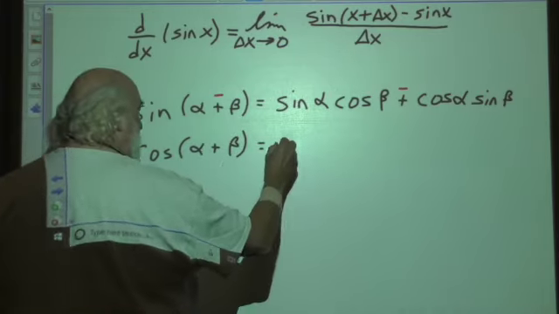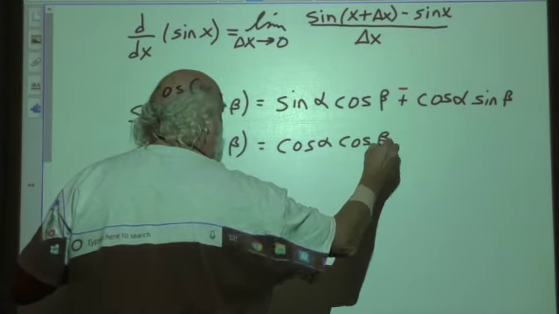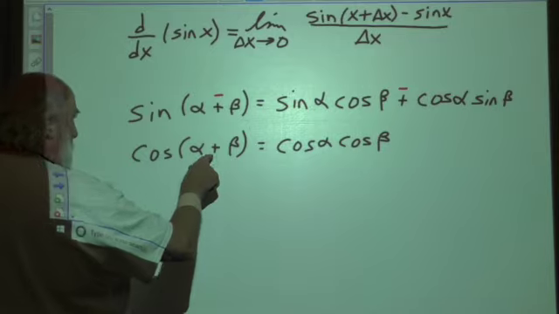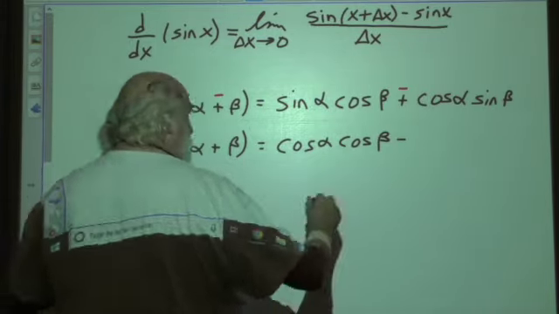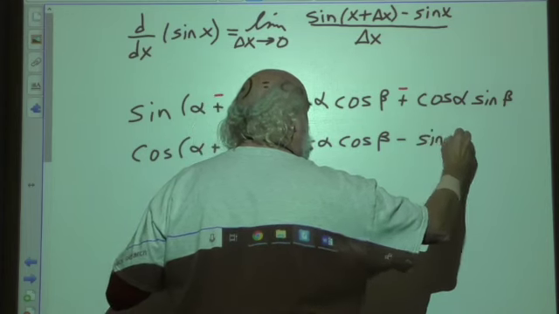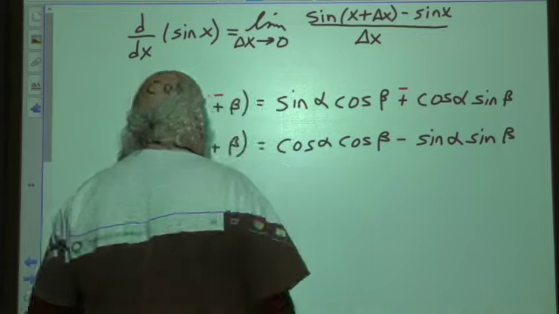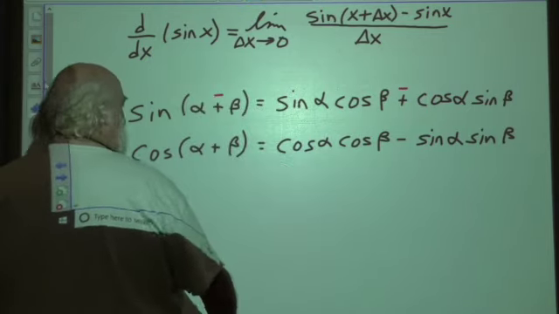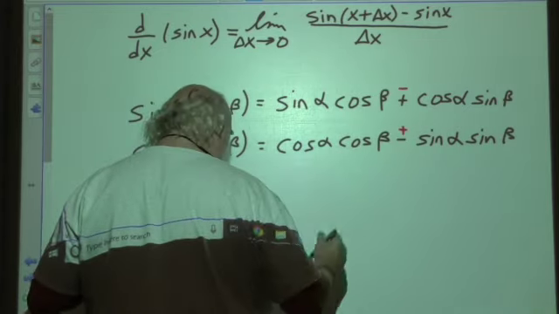And then for the cosine of the sum of two angles, again alpha and beta, this is cosine alpha cosine beta, and unlike the plus sign over here, we're going to subtract over here: sine alpha sine beta. And if we're subtracting, finding the difference of these two angles, then we're going to add these two values over here.